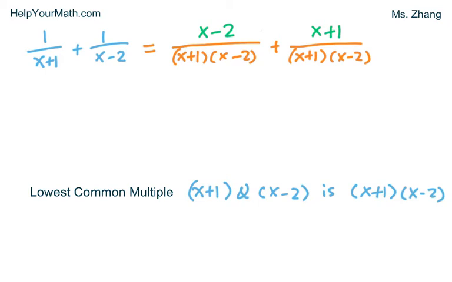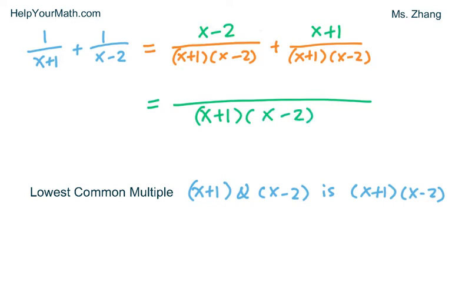Okay, so now that we finish our next step, we can go ahead and add the fractions when they have the same denominator. So in this case, the lowest common denominator for both fractions is the product of x plus 1 and x minus 2. So we just copy that down.